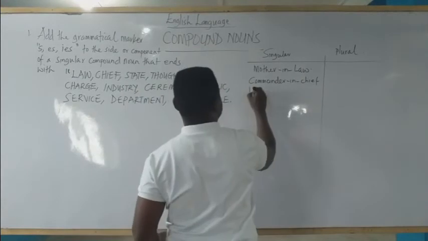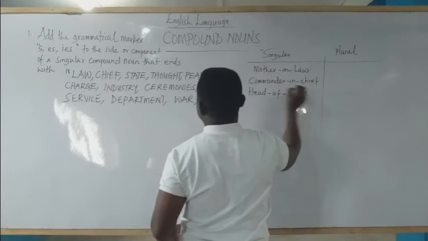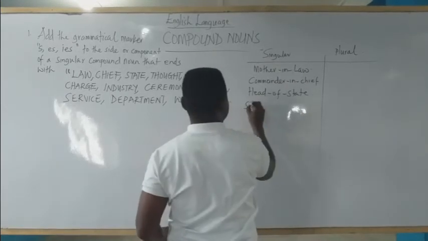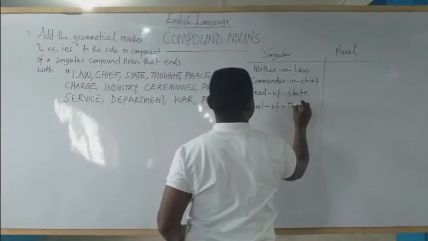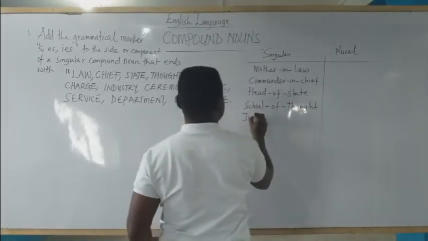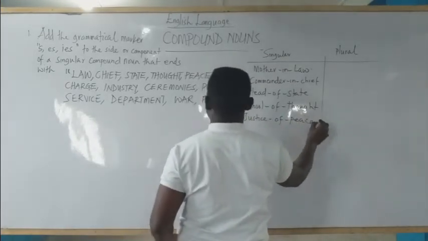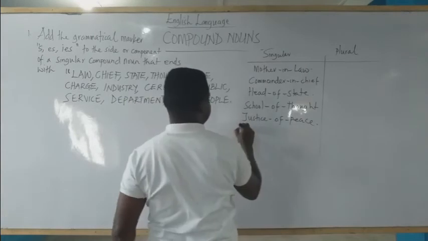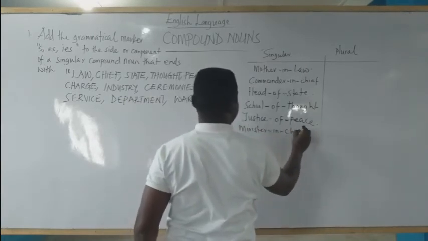State. Example, we have head of state. We have thought. Example, we have school of thought. We have peace. Example, justice of peace. We have charge. Example, minister in charge.